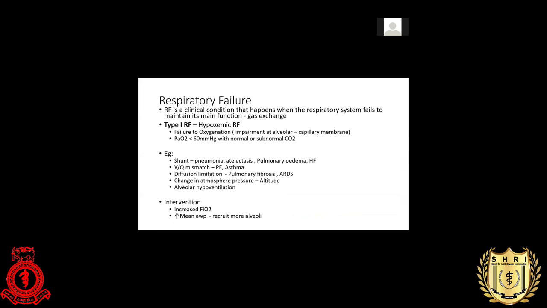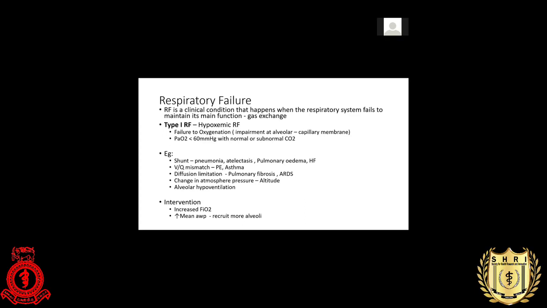One is type 1 respiratory failure, also known as hypoxic respiratory failure. The problem is in oxygenation at the alveolar capillary membrane level. When you do an ABG, you can see arterial oxygen saturation is less than 60 with normal or subnormal carbon dioxide level.